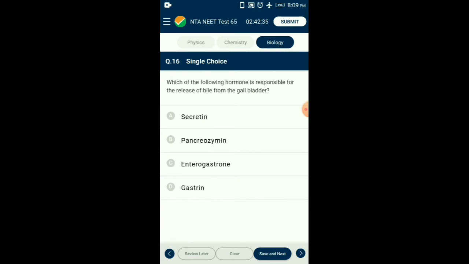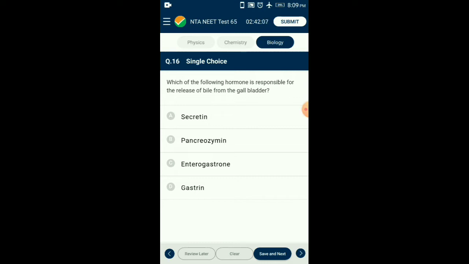Question number 16. Which of the following hormones is responsible for the release of bile from gallbladder? Pancreozymin is also known as cholecystokinin, which results in the contraction of gallbladder and releases stored bile into the intestine. The gallbladder is a pear-shaped hollow structure located under the liver and on the right side of the abdomen.